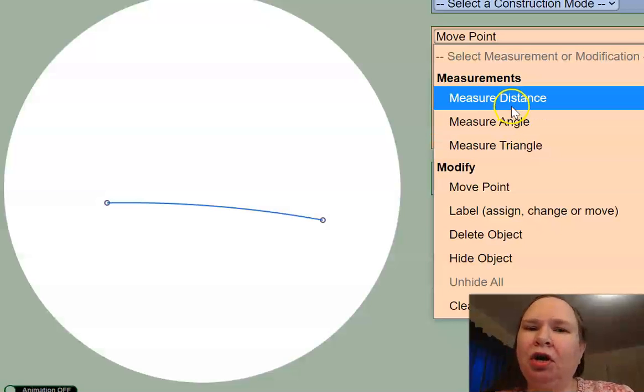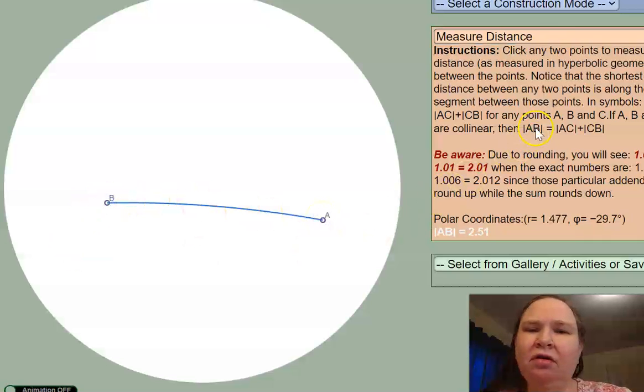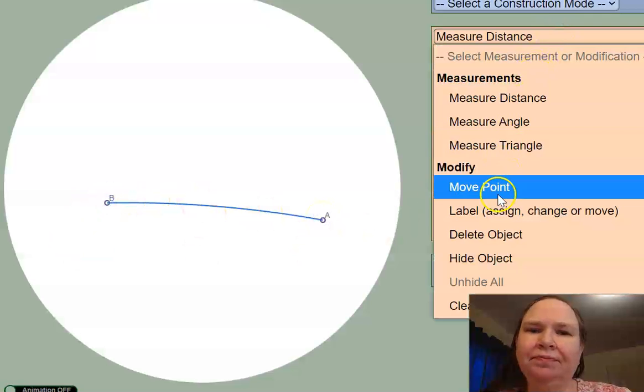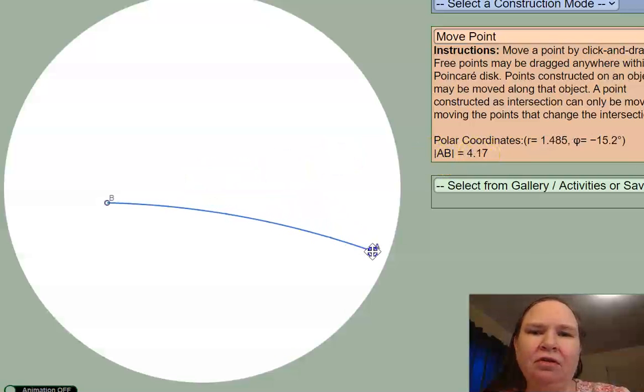I'm going to start off by measuring the distance along this hyperbolic segment, going from there to there. There's my distance. I'm going to move this around. Here it says that the distance from A to B is 2.5. All right, 2.5, whatever that is.